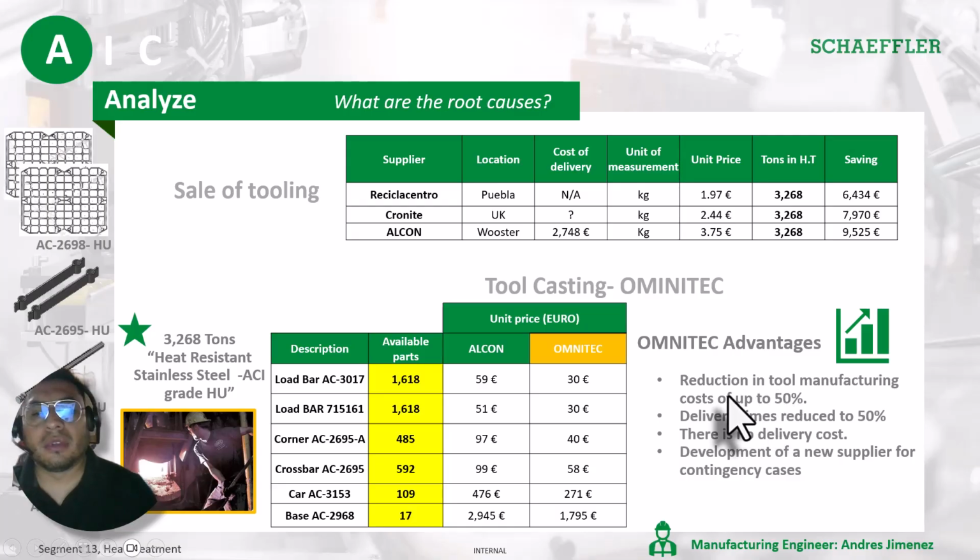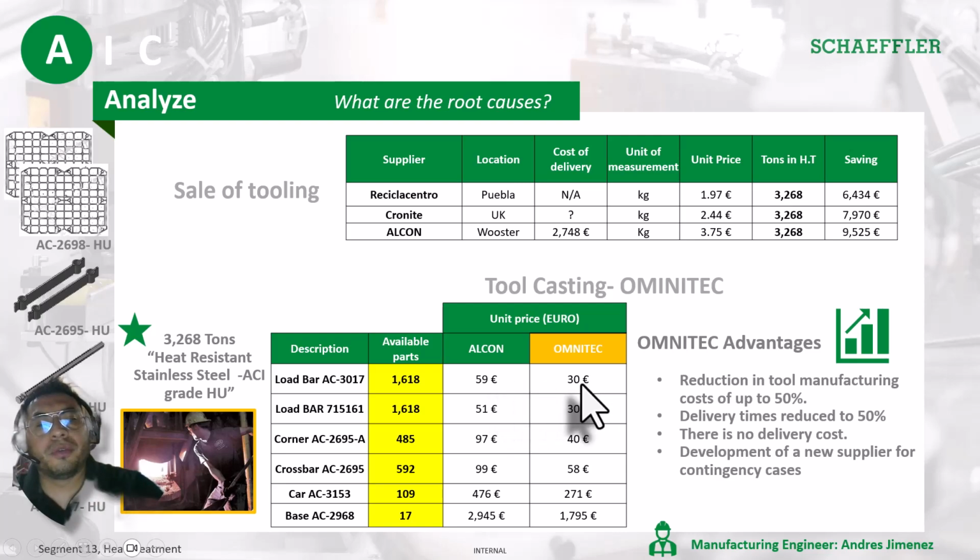For example, for each part from the original supplier, the cost of the tooling was 59 euros.